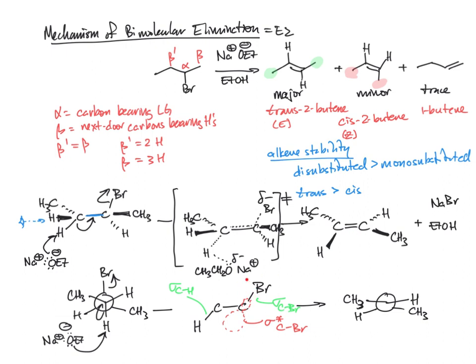These electrons then leave to form the bromide anion. So this is why you need this orientation, so that this sigma bond overlaps with this anti-bonding orbital and these electrons can go right into it. So again, that's this action here. When the base is abstracting that hydrogen, when this bond breaks, these electrons go into the anti-bonding orbital, and then this bond cleaves, and you get your inorganic byproduct while forming your pi bond.